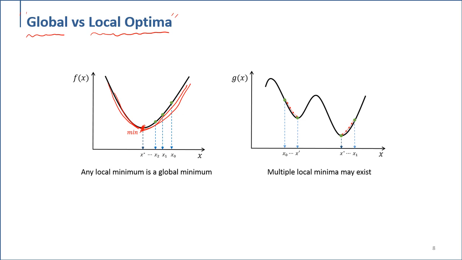On the other hand, a local optimum indicates the solution of the optimization problem that holds only in some regional range.